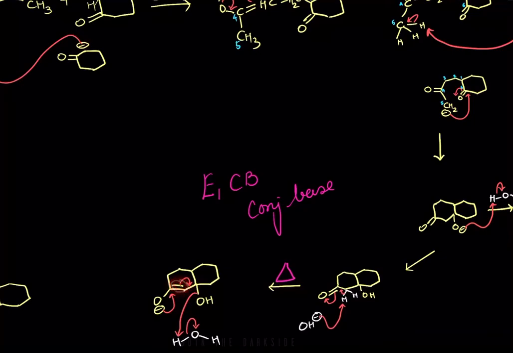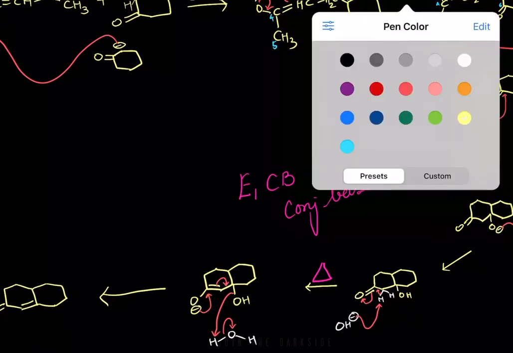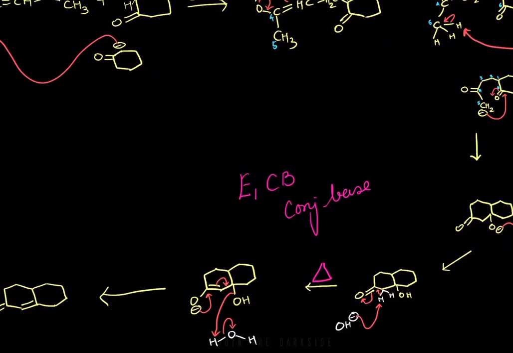You can see there is a double bond right there, so you have a negative charge that thrusts back in to form the double bond, and the OH leaves, forming a water molecule. Finally, you have your product here. This is the final product, an alpha-beta unsaturated cyclic ketone.